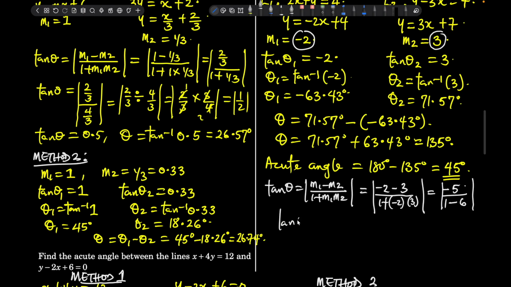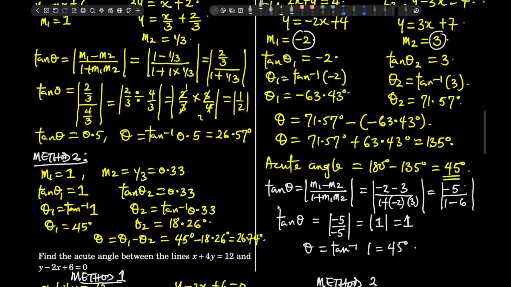So tan theta is equal to minus 5 over minus 5. What is minus 5 by minus 5? It is 1, right? Absolute value of 1 is still 1. So theta is equal to arctan 1. Arctan 1 is equal to 45. That's the answer. That's the second method.